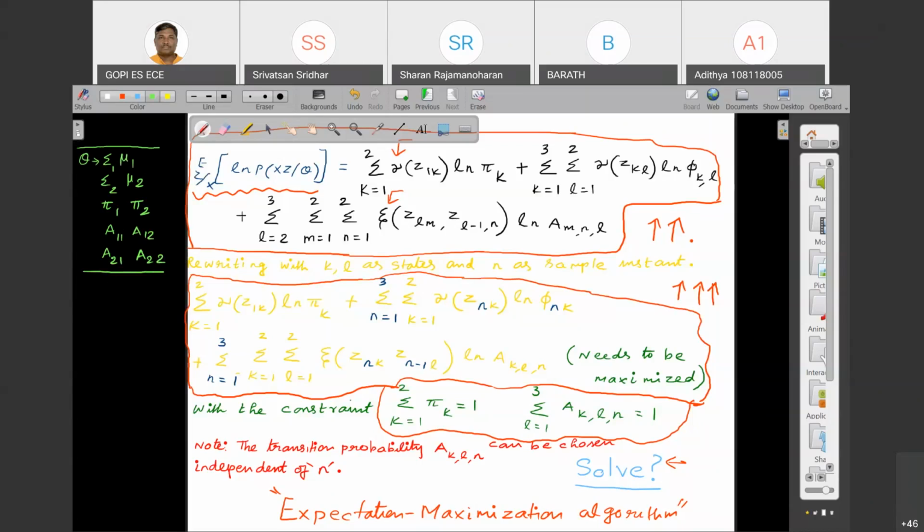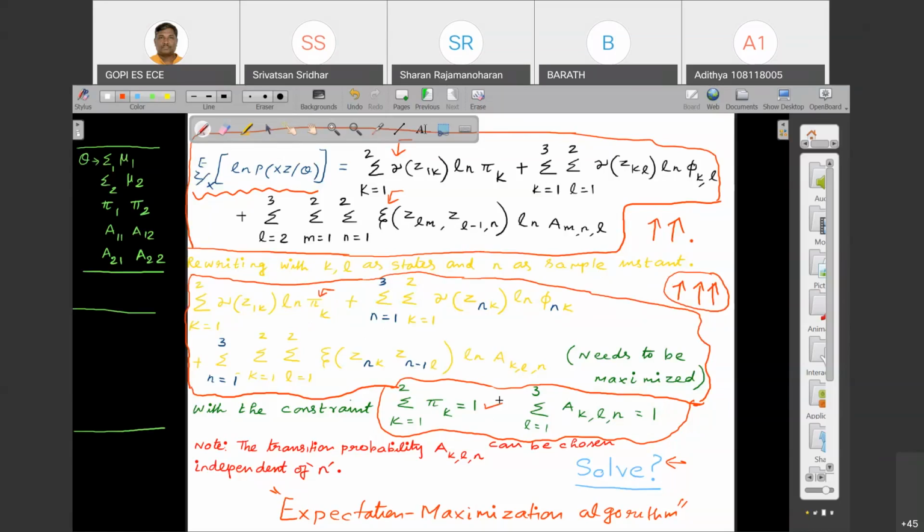What is that iteration about? You are going to maximize this expression. This is very important. To do this, you are going to differentiate with respect to the unknown parameters, the ones I have listed here: pi k, sigma 1, mu 1, A11, A12, and so on. We differentiate and set it equal to 0, with the constraint.